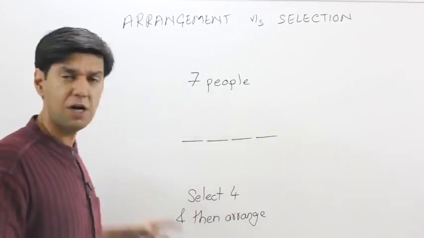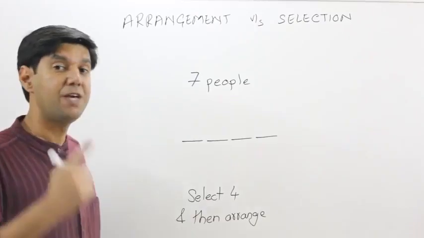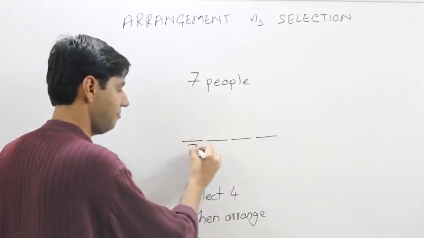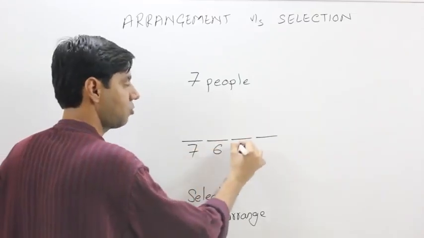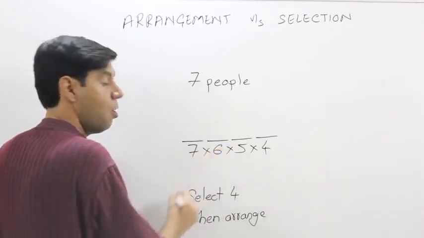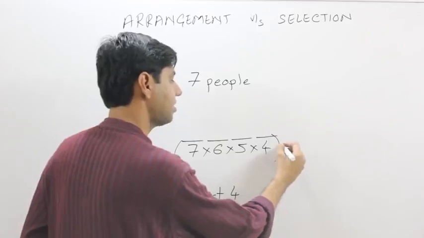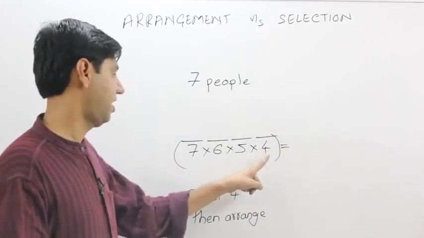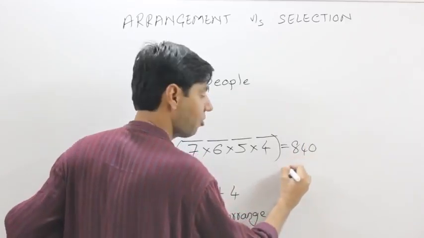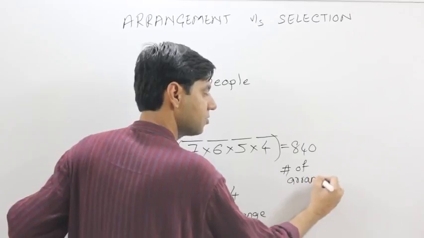It's a very common thought and nothing is wrong with the thought process. However, we have solved this question already and we know that the first chair could be occupied in 7 ways, then 6 ways, 5 ways, 4 ways, and we take a product of them. When we do this process, the number of ways in which they can be arranged is 7 times 6 is 42, times 5 is 210, times 4 is 840. This 840 is the number of arrangements. Is this okay?